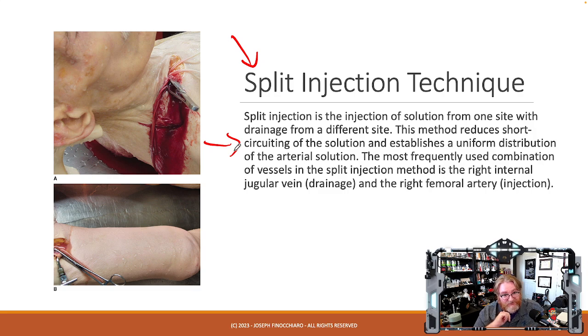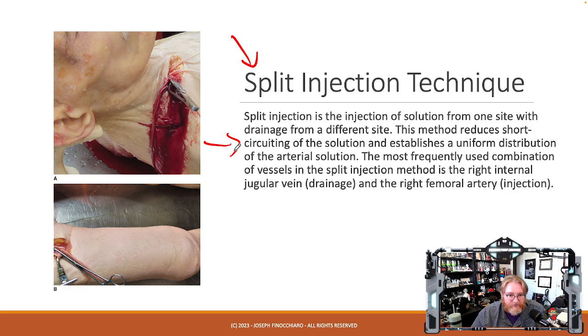It started as a split, and the moment I move to another artery, I have gone to a multi-point. A split injection is a 1-point injection using one place for drainage, one place for injection. The most common is you inject with a leg and you drain at the right internal jugular.